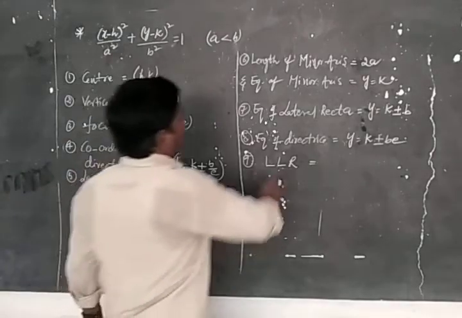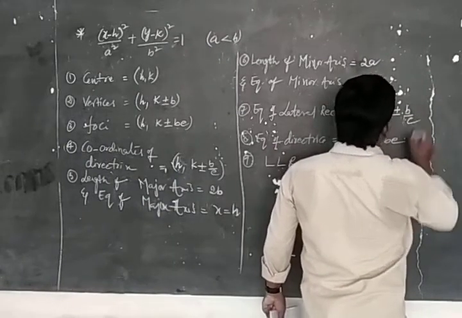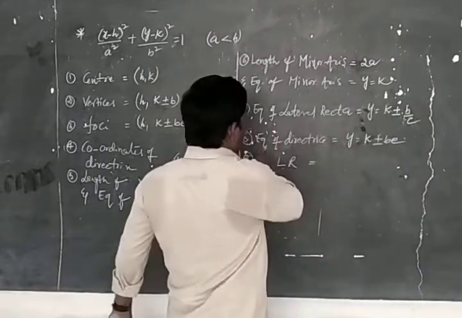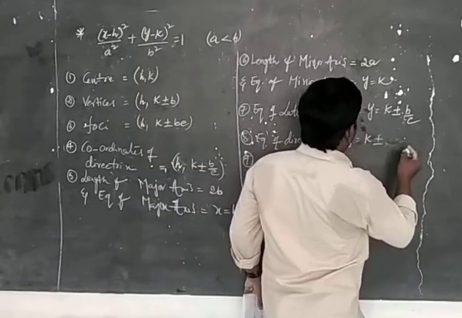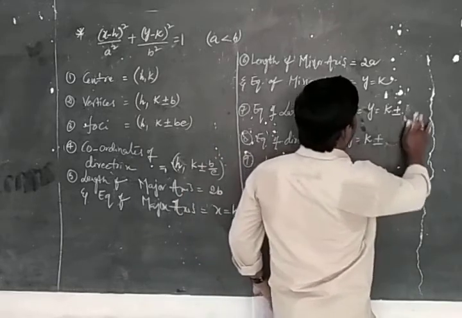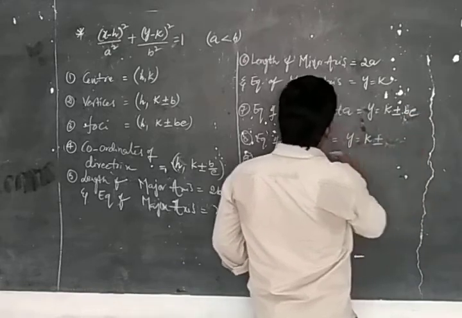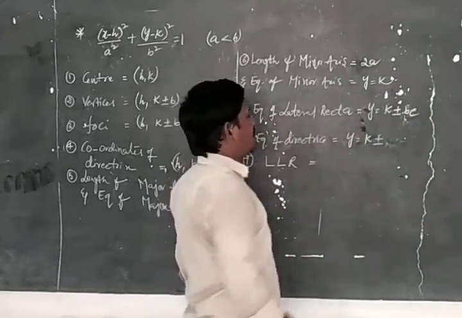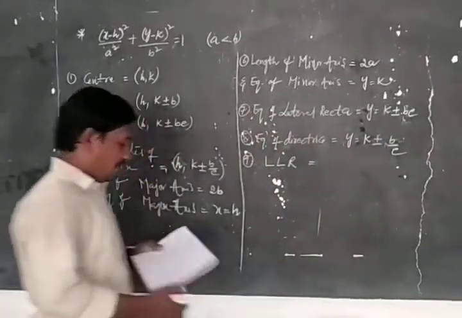Okay, equation of lateral recta y equal to k plus or minus b, and equation of directrix y equal to k plus or minus b by e.